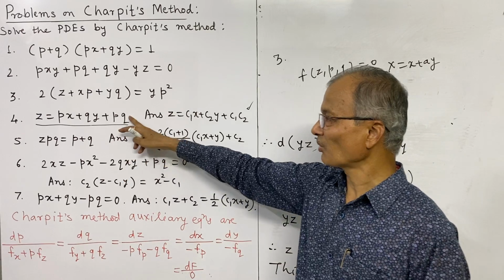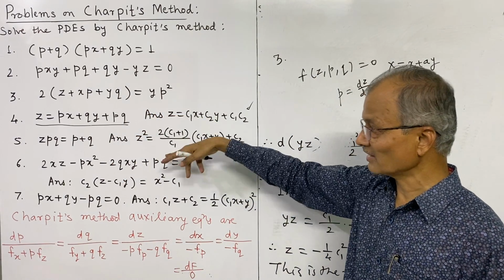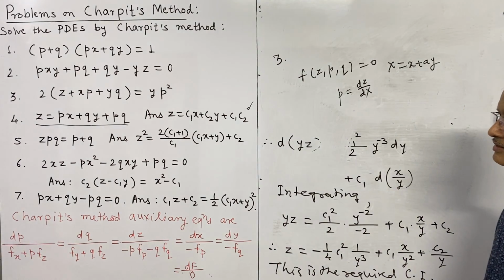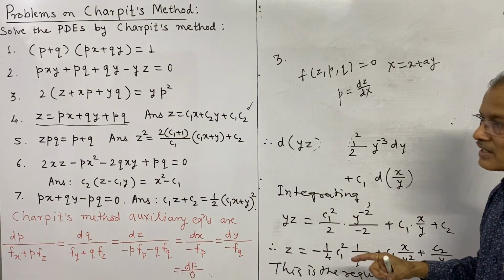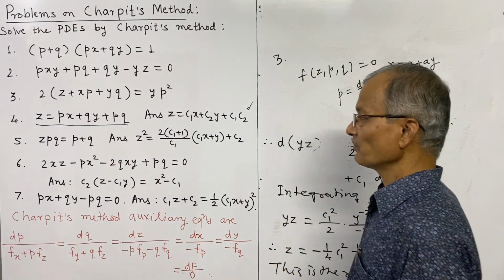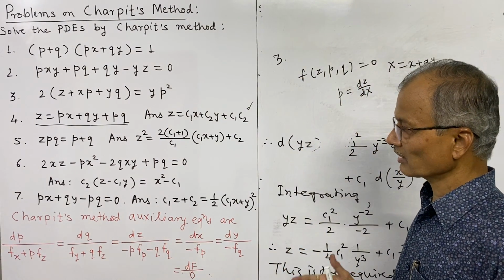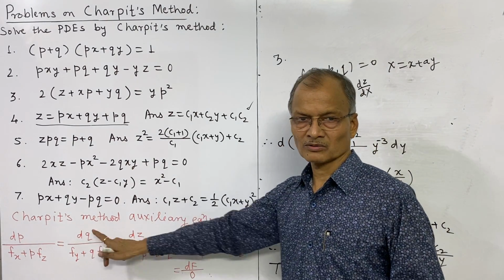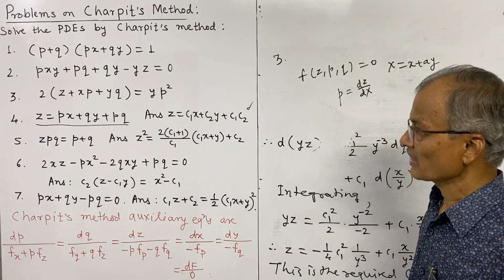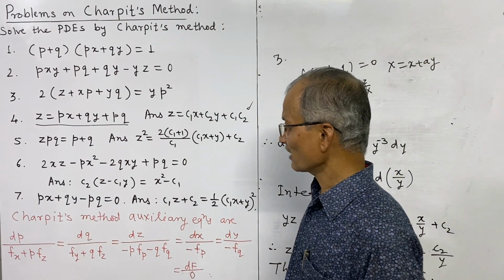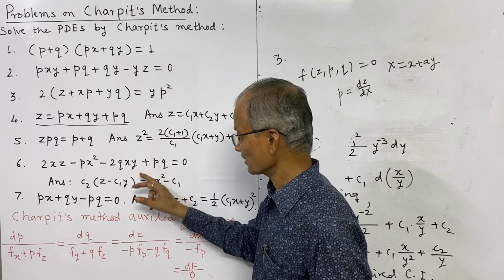You try these 4 and 5 by both the earlier method and Charpit's method. Then you will come to know the difference between these methods. If you recognize the form, the earlier method is convenient. But if you don't recognize it, or it is none of the forms, then we have to go for Charpit's method. So this is the next example, and similarly you can solve the 6th and 7th.